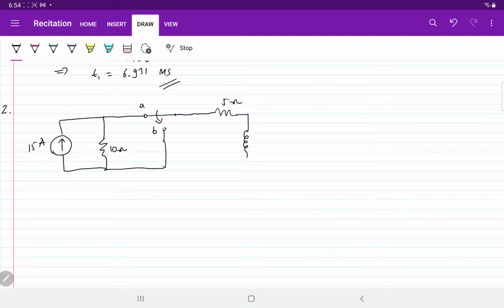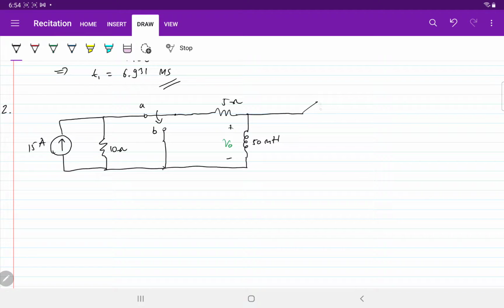We have an inductor, 50 millihenry. Again, the voltage across this inductor is indicated by V0.